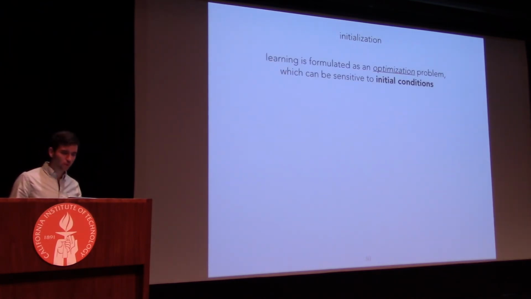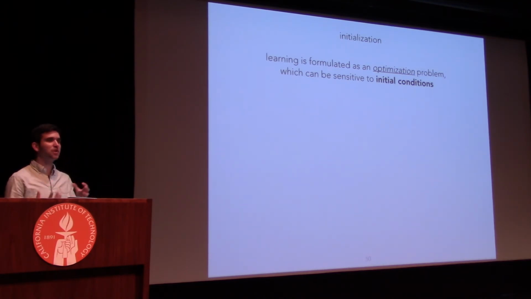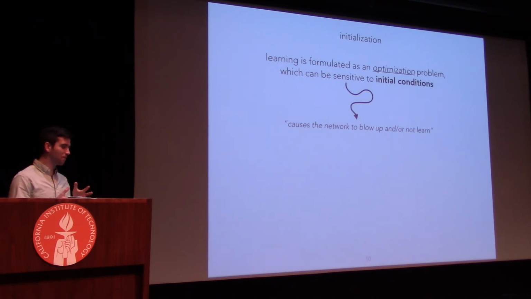Another very important area to be concerned with is the initialization. So what we're doing is we're starting off a network with a set of weights, which we initialize somehow, and then we optimize to get to some hopefully good solution in the loss space. And if we initialize the network in a bad region of this weight space, it could actually cause the network to just blow up or not learn at all.